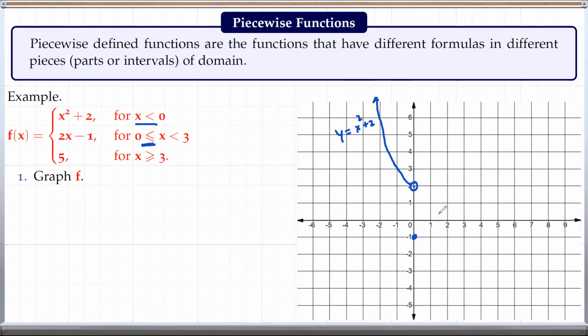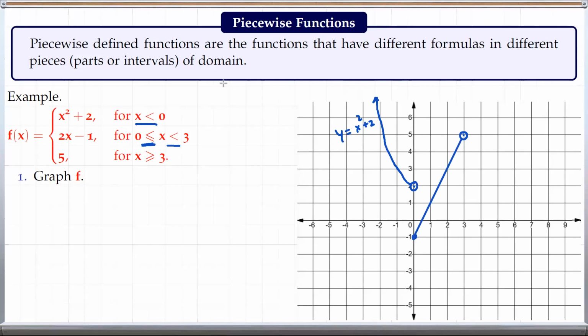Let's look at x equals 3. At x equals 3, we have 2 times 3 minus 1, so 5. It should come up to here, but we don't include that point, so we have a hole here, since it says strictly less than 3. Then we can connect these two points by a straight line. The graph will look something like this.